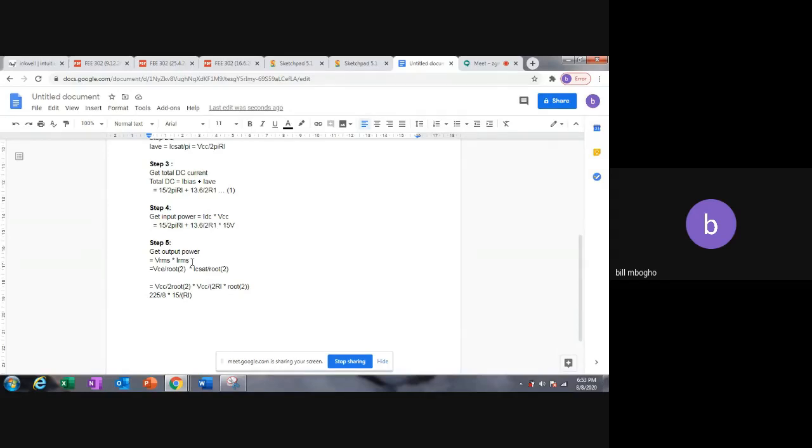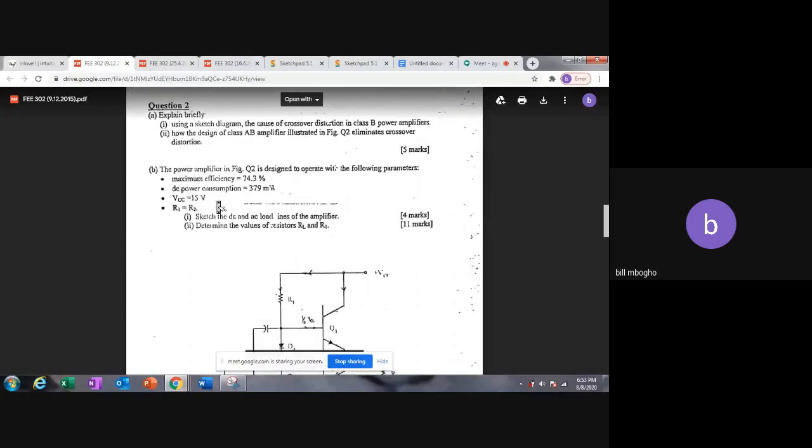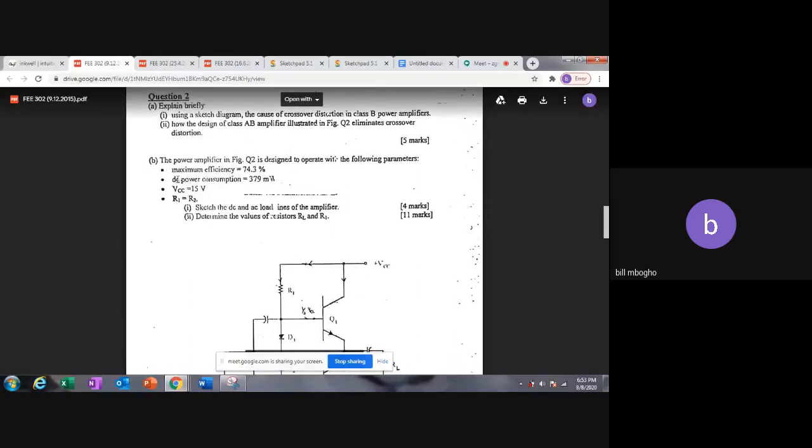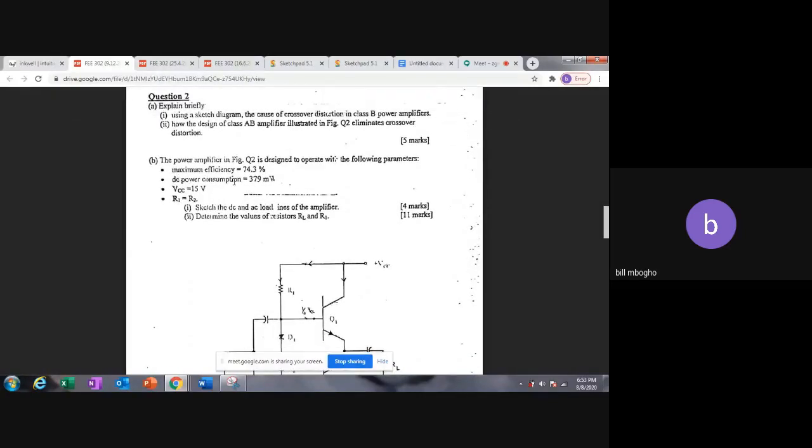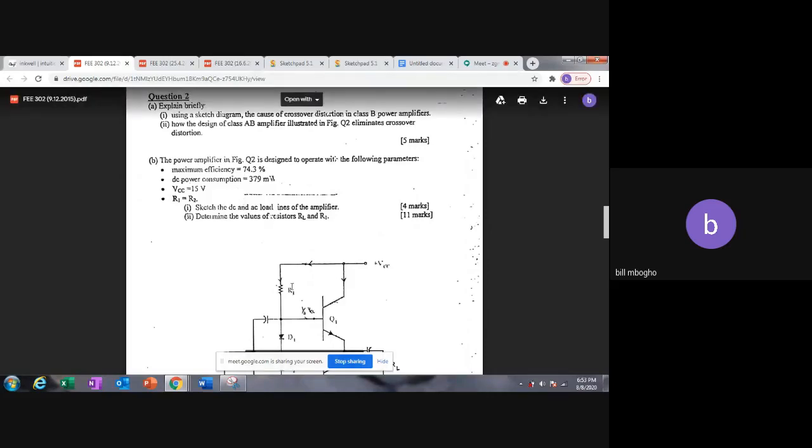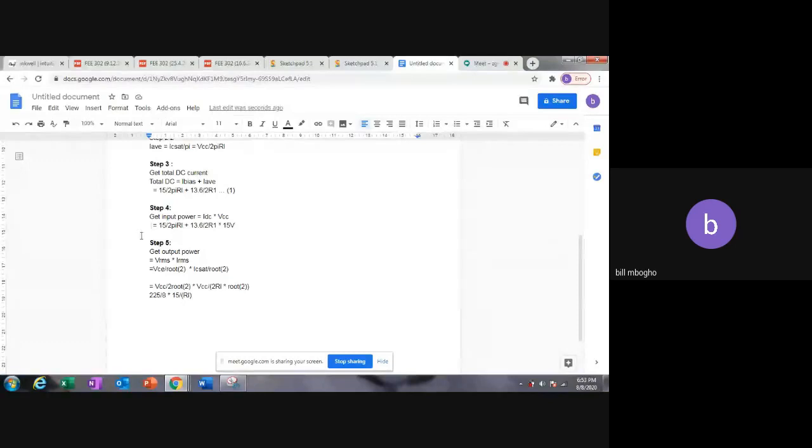And then the total power consumption is the power consumed by the system, is both the output power and the other. So yeah, I'm sorry, I've found where I went wrong. This is what is equal to 379 milliwatts. So sorry, I gave you the wrong value here. This is what's equal to 379 in milliwatts.